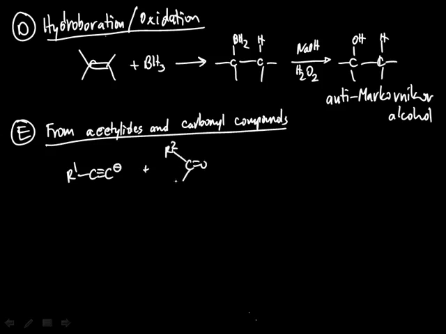In this case, this will be a ketone, and generate an alkoxide, which upon protonation will give us this fairly complex alcohol as the final product.